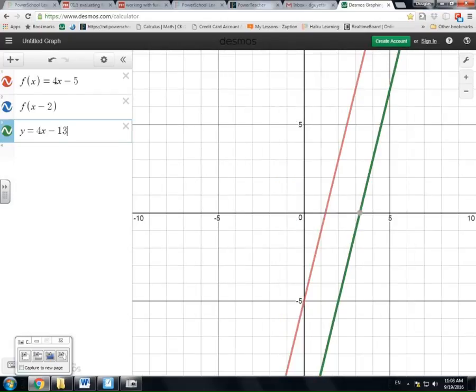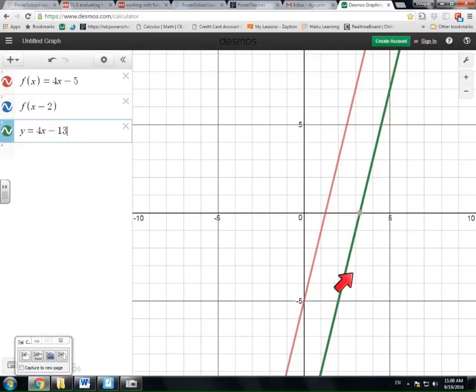On my graph you'll see here that I have f of x equals 4x minus 5, which was the given equation, and then I ask for f of x minus 2. What I'm asking for there is a new graph that will be related to the original graph, except the x has 2 subtracted from it first. This was my answer, 4x minus 13.